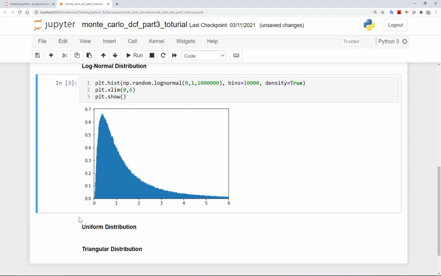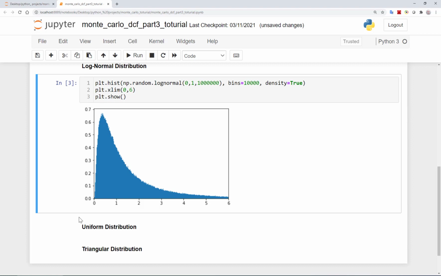It gives us the following plot. As you can see, its lower bound is 0 and is skewed to the right. Of course, you can change the parameters to match the distribution you would like to have for your variable.